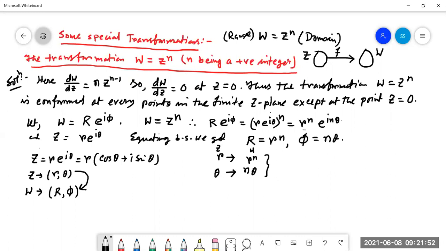In both cases, the coordinates are multiplied n times. R changes to r to the power n, theta changes to n theta. Theta is also multiplied by n, and if we take the product of r n times, then it will be r to the power n. Have you understood this?